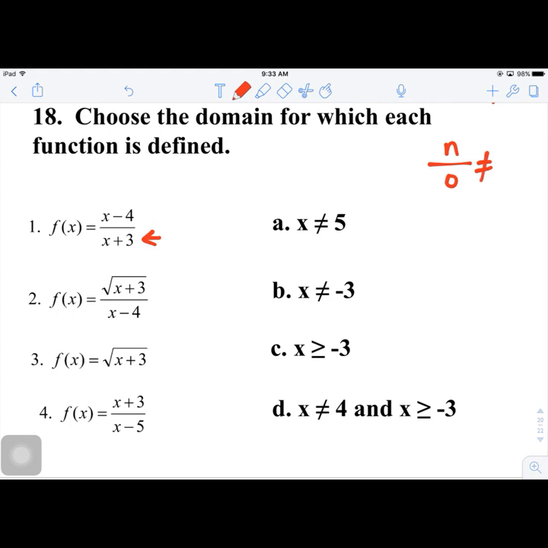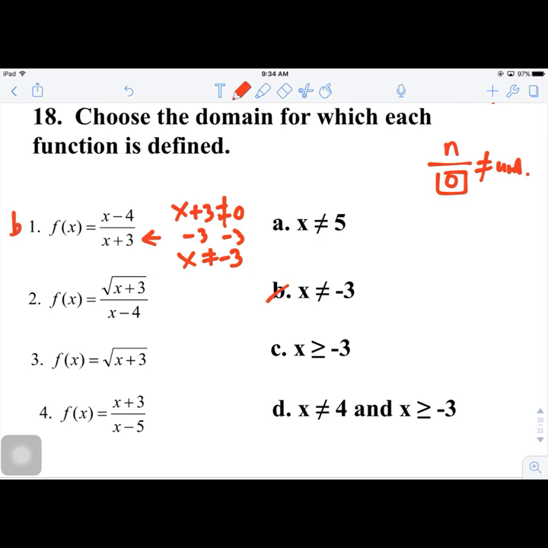That's going to be undefined. Okay, so we cannot have 0 on the bottom, and that's the restriction. So we need to just basically set the bottom cannot equal to 0. So in this case, solving for x, we have x cannot equal negative 3, and so that looks like answer choice B.